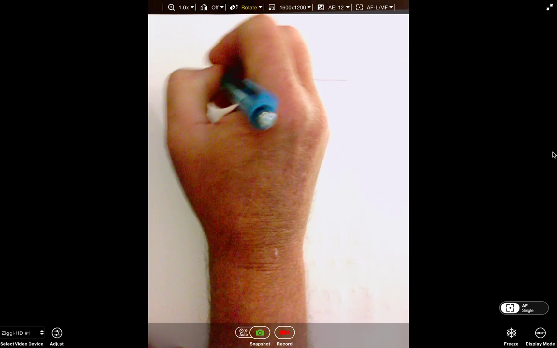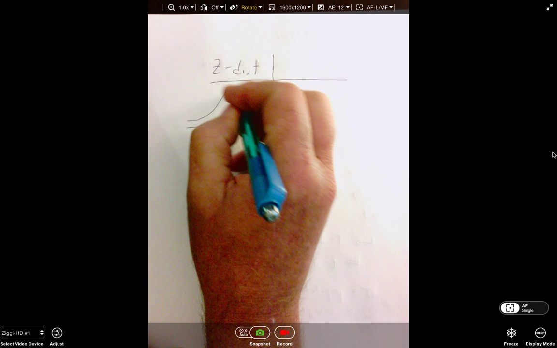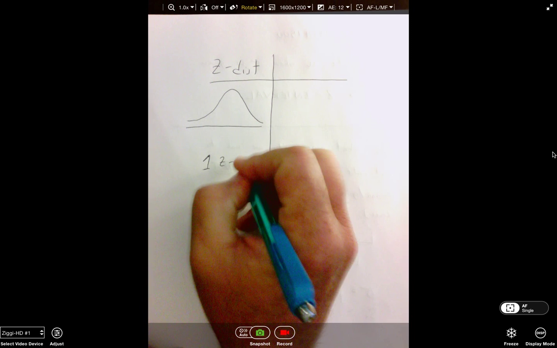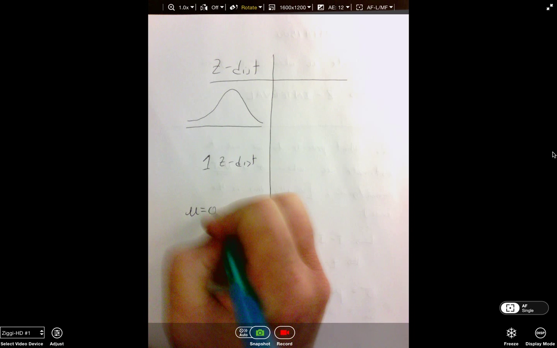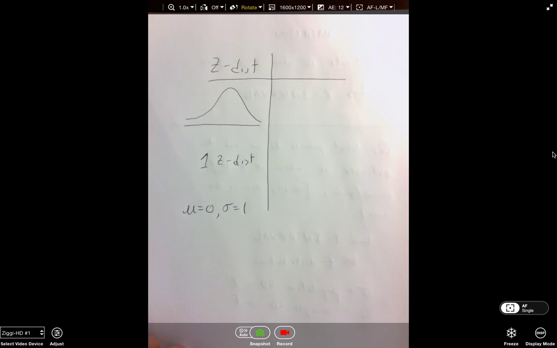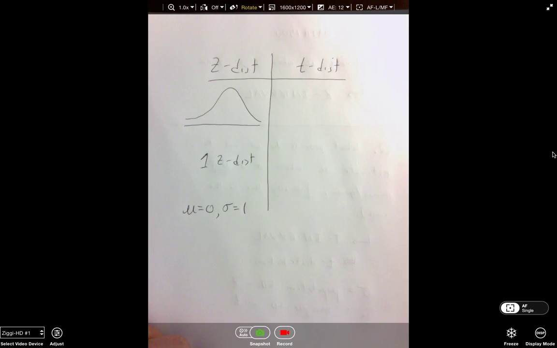All right, guys, let's talk about this Z interval versus T interval. What do we know about the Z distribution? Well, we know it's a normal distribution. There's one z distribution, and it has a mean of 0 and standard deviation of 1. How does that contrast with the t distribution?